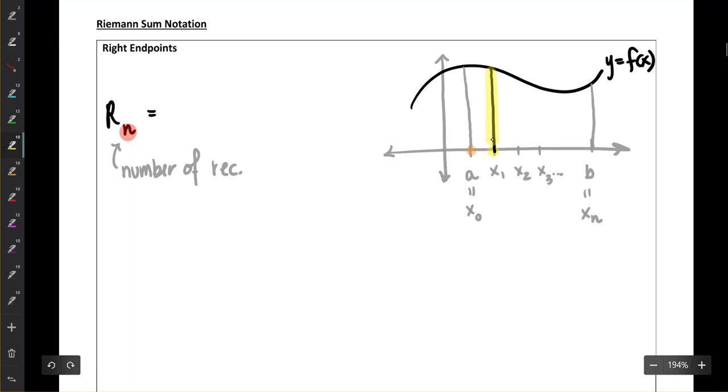I'm going to choose that height, not this height. So there's this area. All right. So f of x1 times, and then the base, all the bases here are always little tiny changes in x.